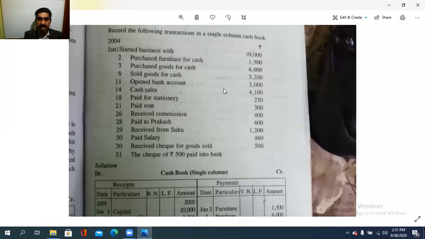Started business with 10,000, purchased the furniture for cash 1,500, purchased the goods for cash 6,000, sold the goods for cash 3,200, opened a bank account 3,000, cash sales 4,100, paid for stationery 250, paid rent 300, received commission 400, paid to Prakash 600, received from Suku 1,200, paid salary 460, received check for goods sold 500, and the check for 500 paid into bank also.